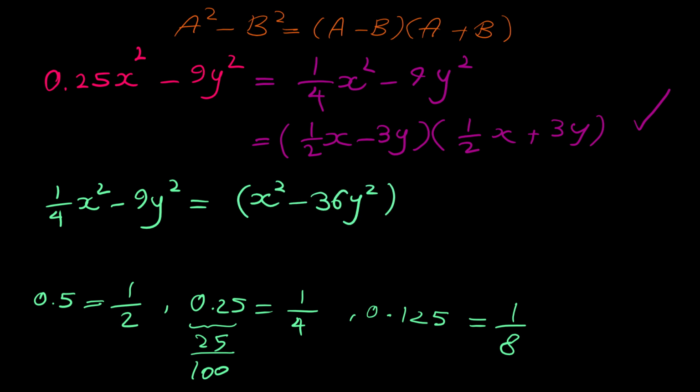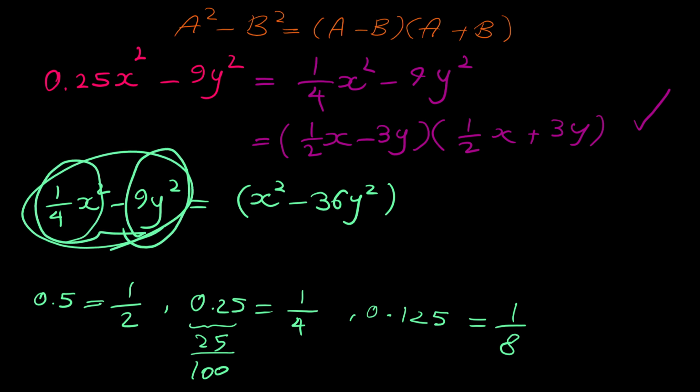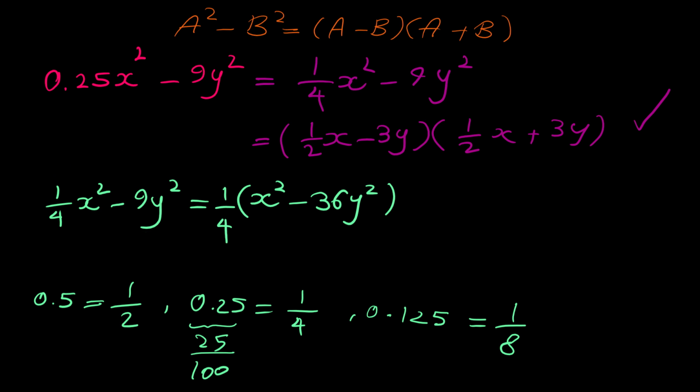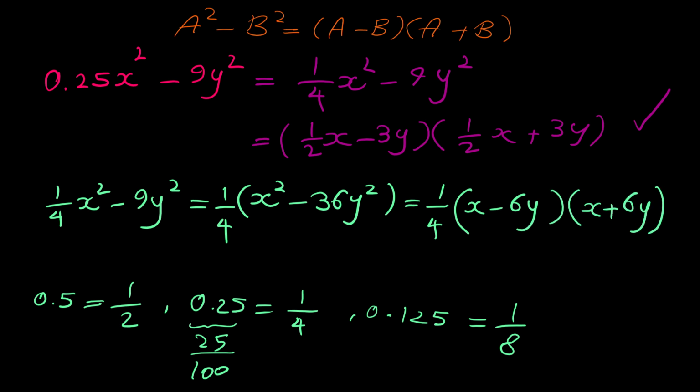But because we multiplied by 4, we have to put a 1/4 outside. Then we leave this 1/4 outside, and we can factor this as x minus 6y, x plus 6y. This is another form of the factored form of this expression.